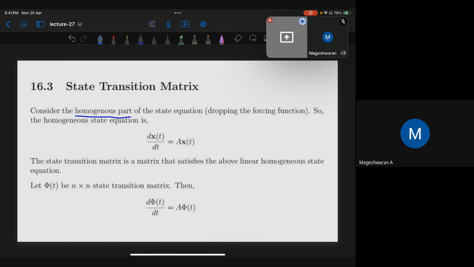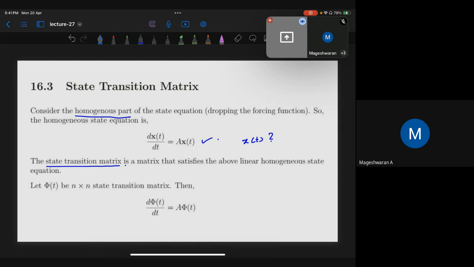Now the state transition matrix is something which satisfies this equation for X of t.